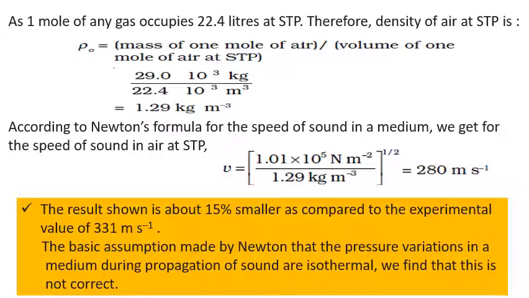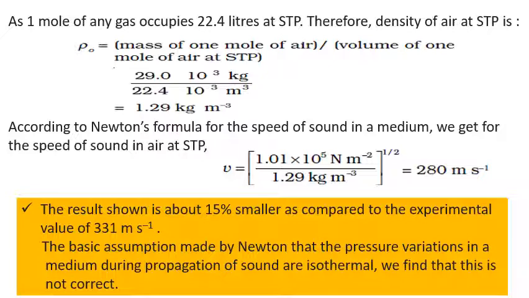As 1 mole of any gas occupies 22.4 liters at standard temperature and pressure, the density of air at STP will be 1.29 kilogram per meter cube. By putting this value in Newton's formula for speed, you will get the speed as 280 meter per second.